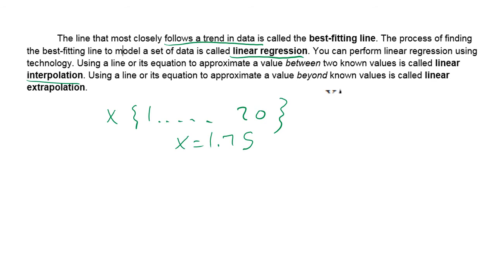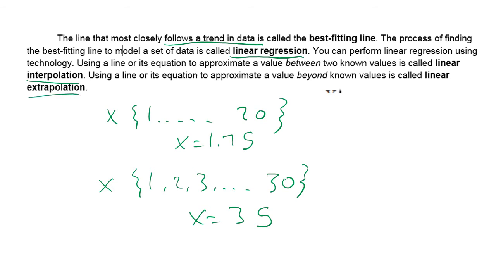And if all the x are integers, 1, 2, 3, going through 20, or 30, doesn't matter, in this case I'm just making up numbers, and I want to find the value for 35, that's not within the range, this type of approximation is called extrapolation.